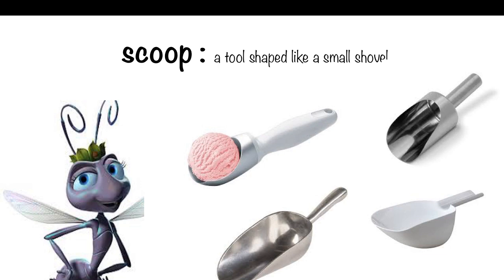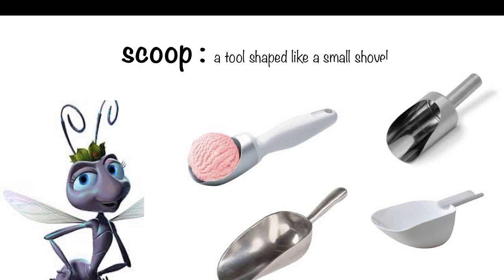Scoop is not only the tool, but also one round ball of ice cream. So your mom can ask you, how many scoops do you want? Do you want 1 scoop or do you want 2 scoops? And you say, no, no, my stomach will hurt when I eat 2 scoops. So 1 scoop is enough. But we will use the scoop in our story as a tool that is used for picking things up.